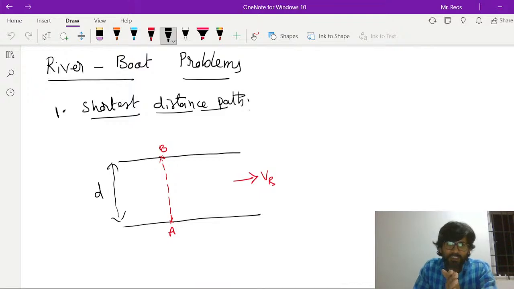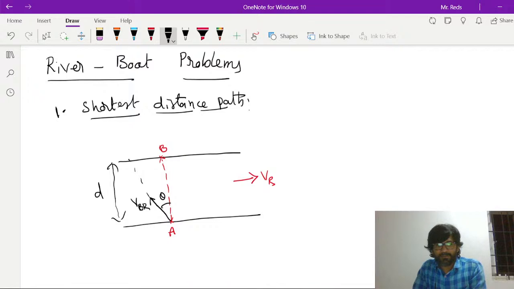has to start its motion at some angle like this. If you say this is theta, and this is the velocity of the boat with respect to the river, then as the river is pulling like this, it slowly crosses, and by the time it reaches point B, it has moved slightly in this direction and just reaches the point B. This kind of motion is called the shortest distance path.